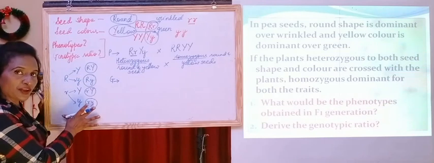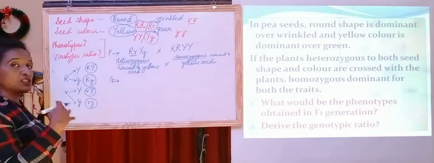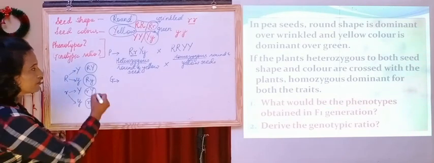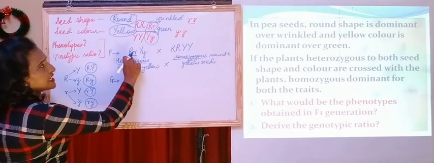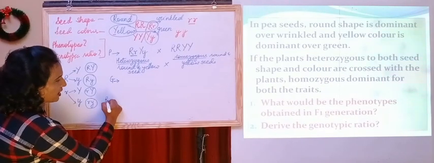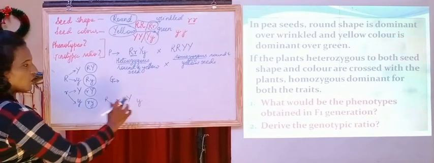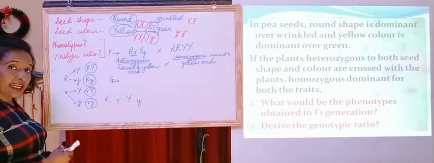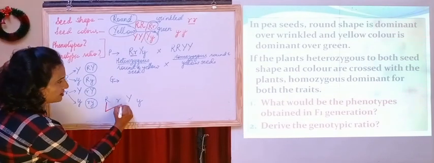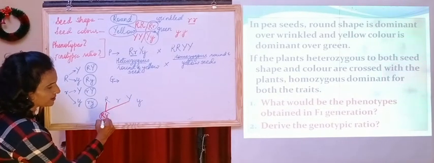So this is one way which I had already discussed in the inheritance of 2 genes. But there is one more very easy way by which we can find these gametes. What we can do is, we will segregate all these alleles, say for example, capital R, capital Y, small y. I have segregated all these alleles, and then I will find the possible gametes. So capital R, I will join with capital Y, one gamete.